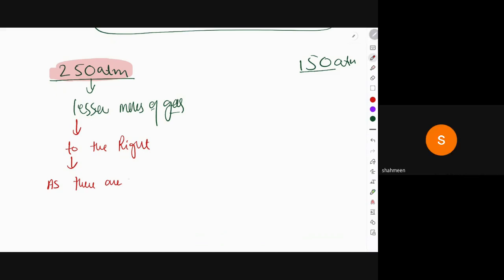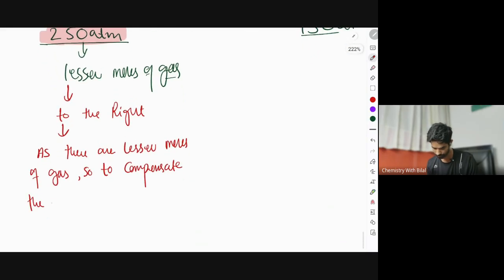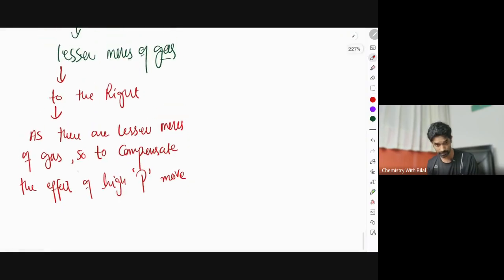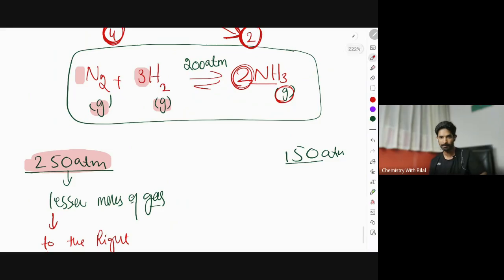Sir, as there are fewer moles of gas, to compensate the effect of high pressure, more products are made. In this particular example, more products are made. Does that make sense, everyone? Yes, ma'am, Shameen.